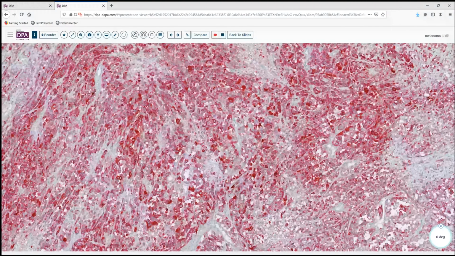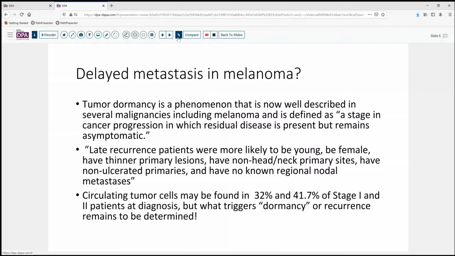So our diagnosis on this, based on the immunohistochemistry and the morphology, is a delayed recurrence of malignant melanoma. This is very much an outlier, but these are reported and are not unheard of by any means.